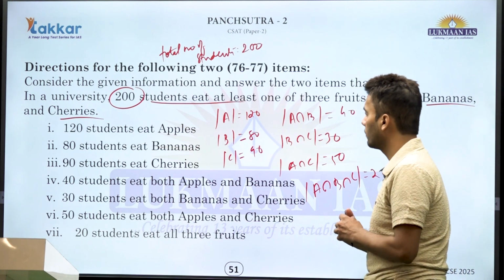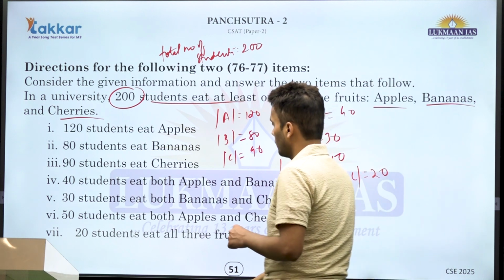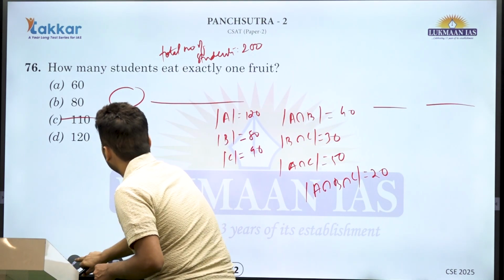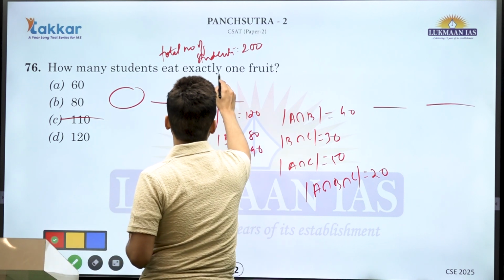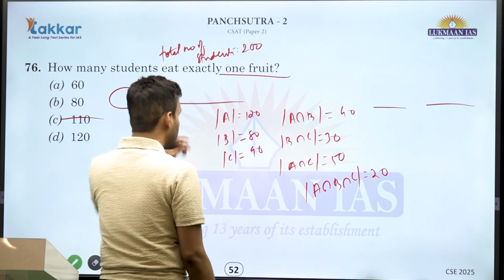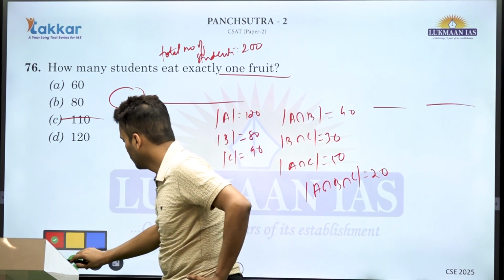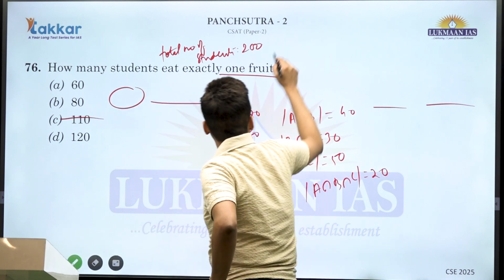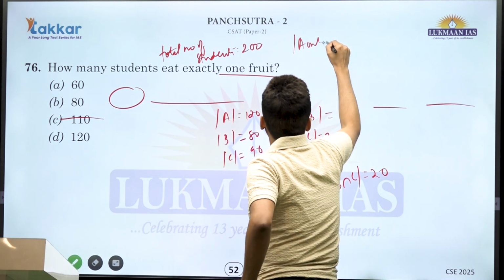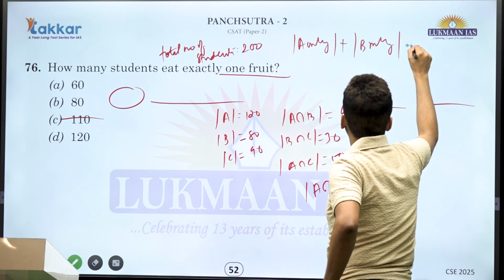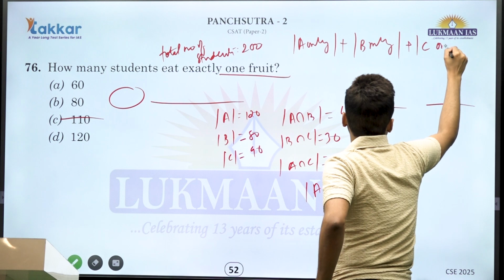This is the information which I have. Now we will just substitute the values. Now let's see what the question actually is. How many eat exactly one fruit? It means we need to find the sum of A only, bananas only, and cherries only.